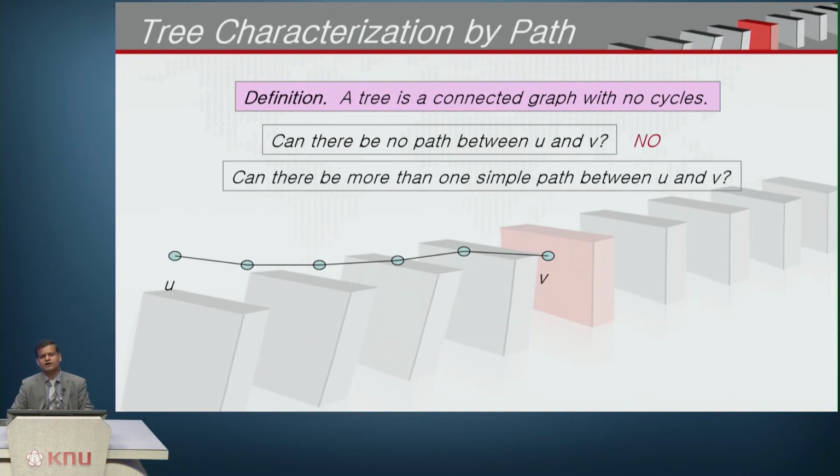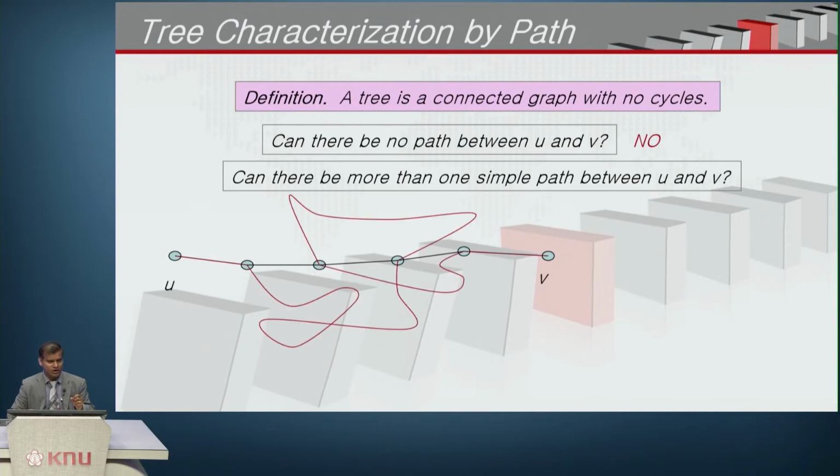Can there be more than one simple path between U and V? You can see here, this is another way to express it, but the question is, will it create a cycle? If this creates a cycle, then the property of a tree is gone. So you can't have more than one simple path between U and V.